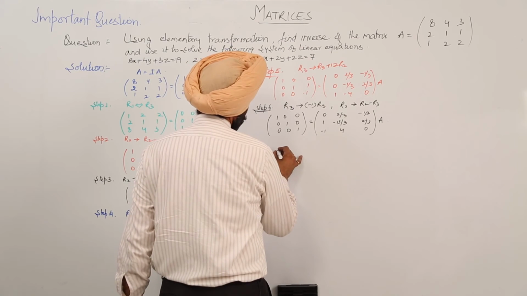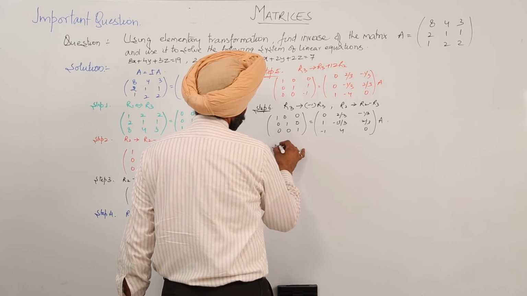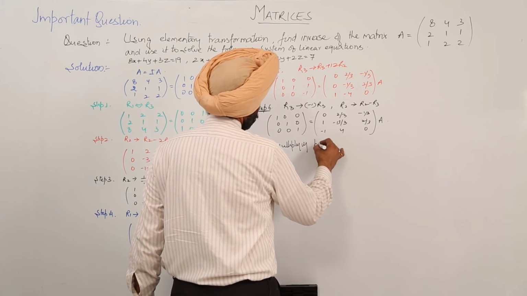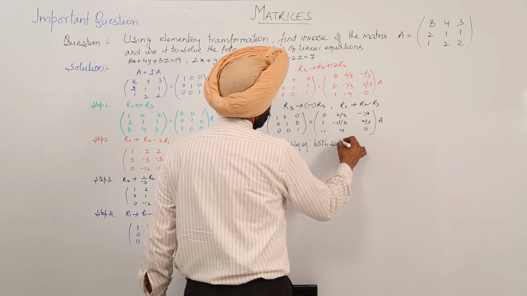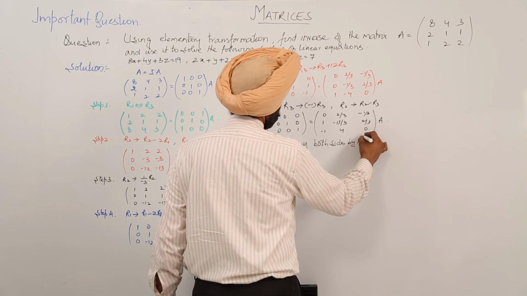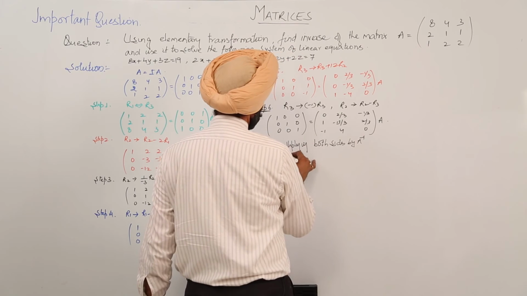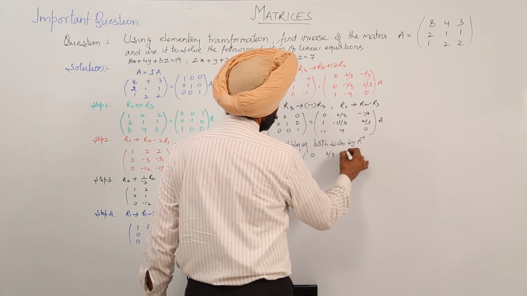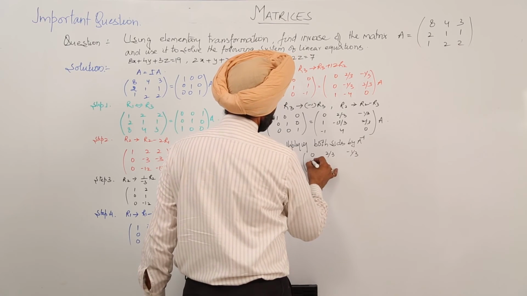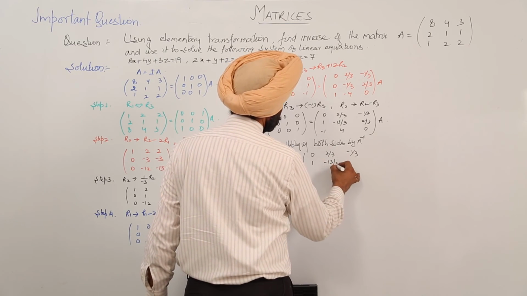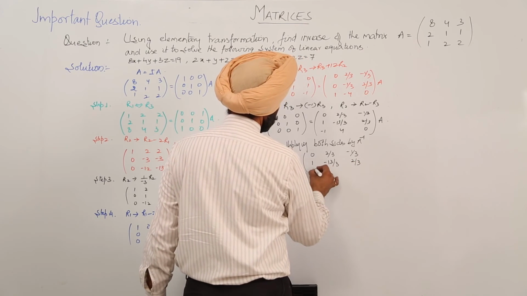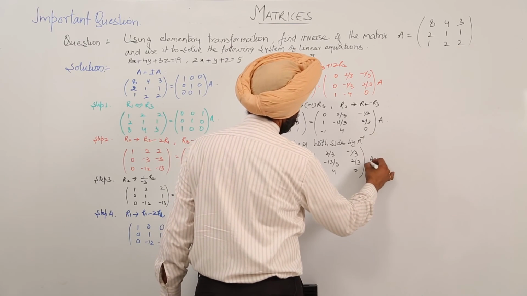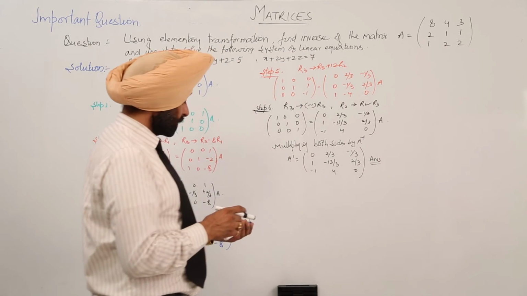Now multiplying both sides by A inverse, A inverse is equal to 0, 2 by 3, minus 1 by 3, 1, minus 13 by 3, 2 by 3, and minus 1, 4 and 0. This is one answer.